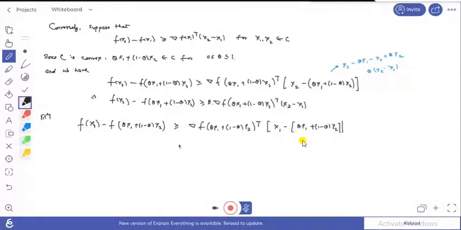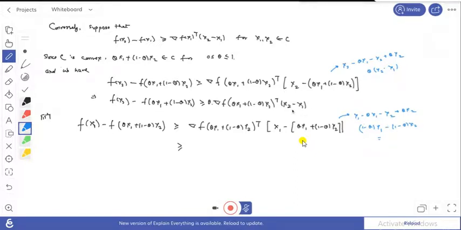And here, if we try to solve that term, then this term is x1 minus theta x1 minus x2 plus theta x2. Now we take (1 minus theta) x1 common, and minus x1, and then if we take x2 common, this becomes (1 minus theta) x2.